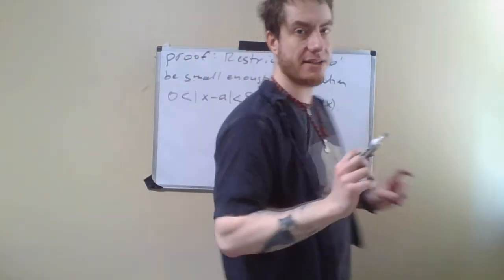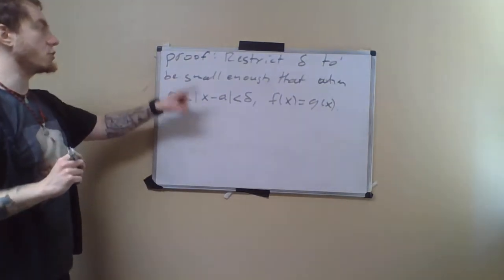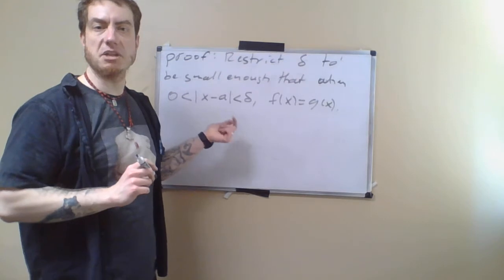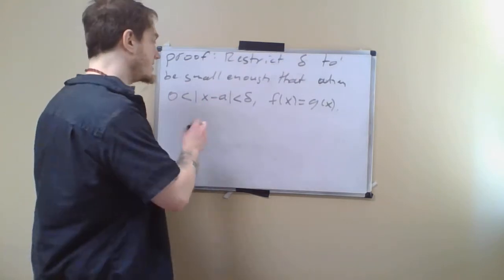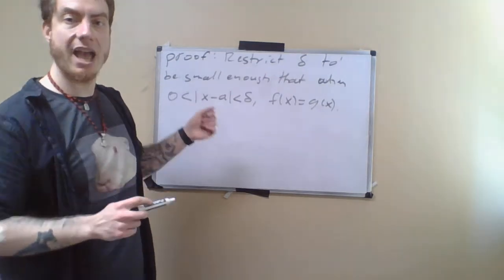And we can do this because there's only a finite number of places where these two things don't agree. So we can always just take our delta to be smaller so that within this interval, they agree on all of this interval except maybe at the point A.